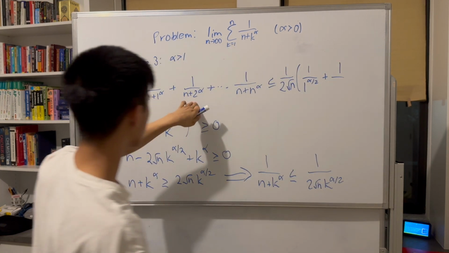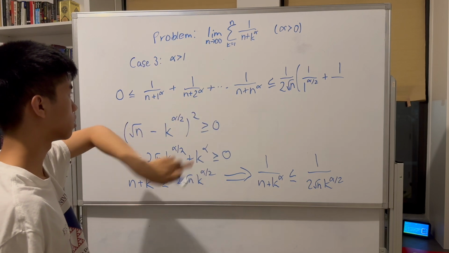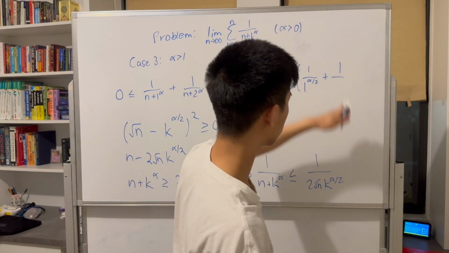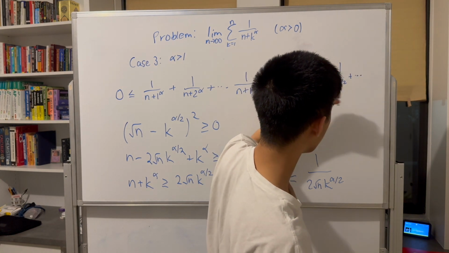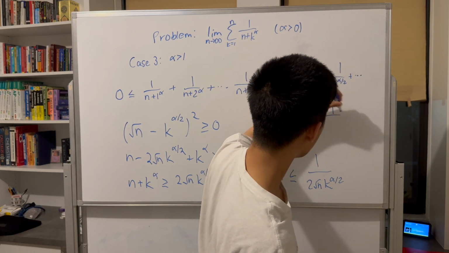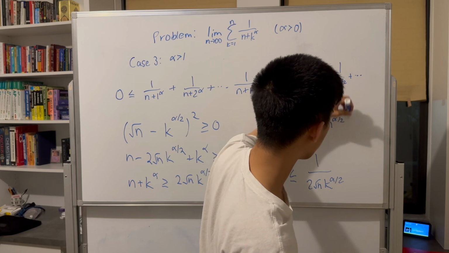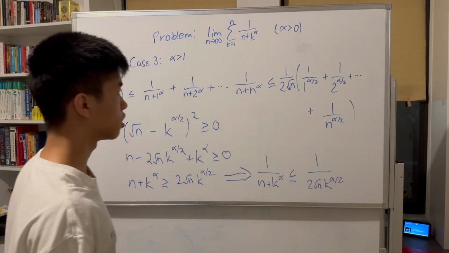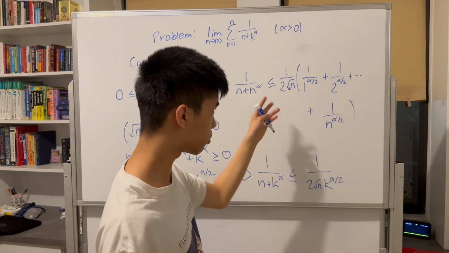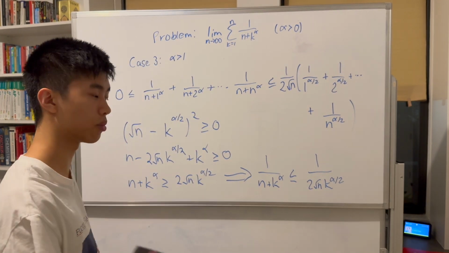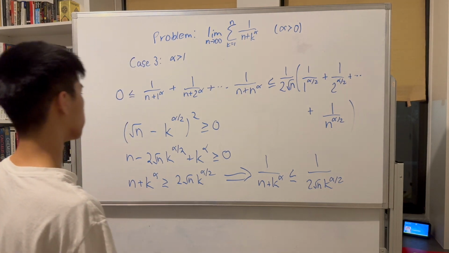And then for this term, k equals 2. This can apply here, so 2 to the alpha over 2. And this goes on until we get to n, the nth term. So now we have something that might be useful. We have an upper bound. We don't know if it approaches 0 yet, but we'll show that in a little bit.